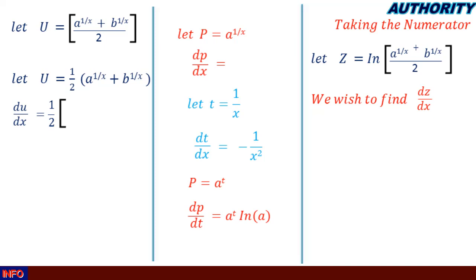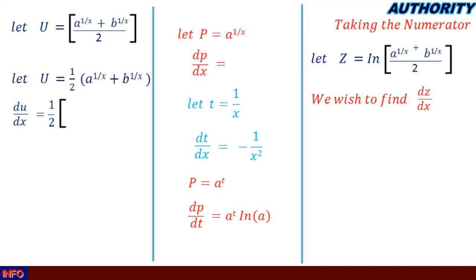We started by evaluating the values one after the other. So the first one is a raised to the power of 1 over x. Let this a raised to the power of 1 over x be called the letter p, right? Good. So for us to evaluate this p, we said we are going to find dp/dx.